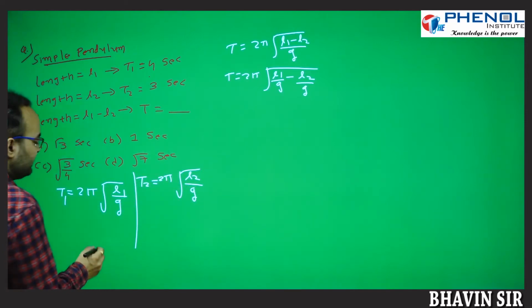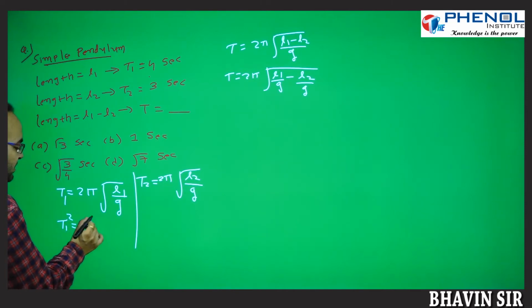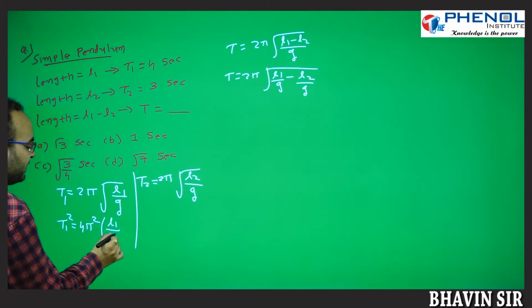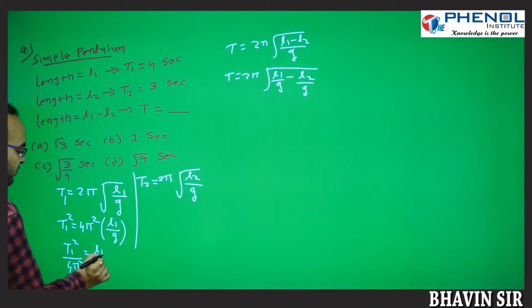So for this, square on both sides. T1 square is equal to 4 pi square L1 by g. So T1 square upon 4 pi square is equal to L1 by g.